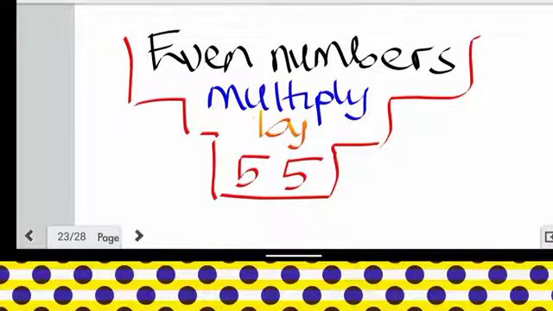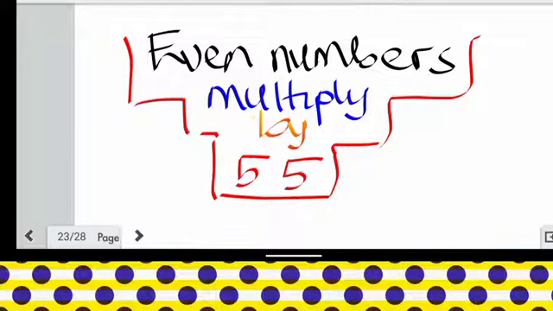So now what we are going to be looking at is even numbers multiplied by 55. This is very interesting. As we may notice, we have done part 1 of this, that is when we multiply even numbers by 5.